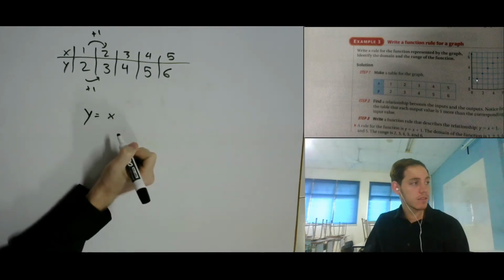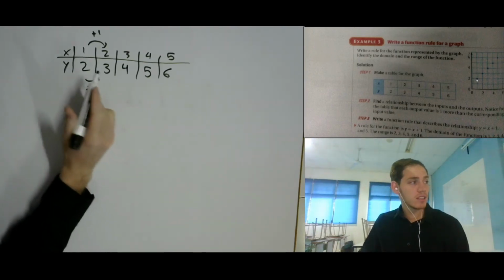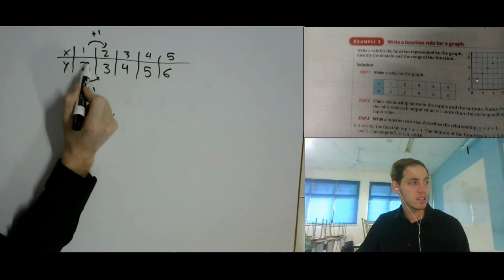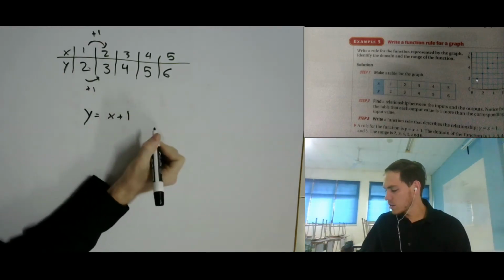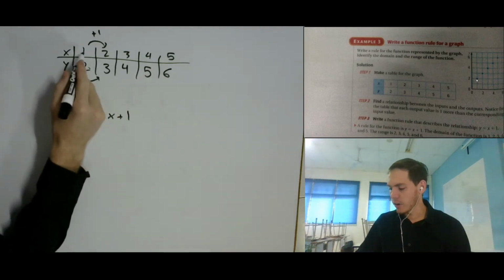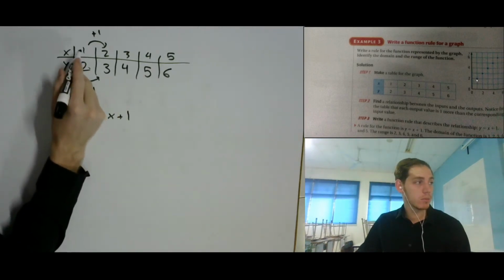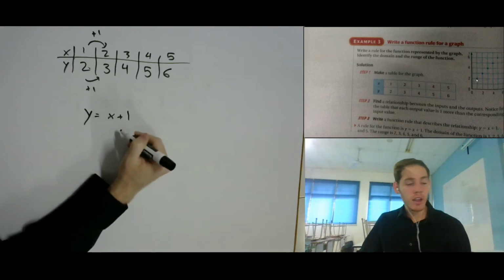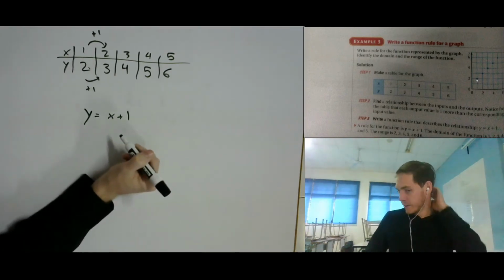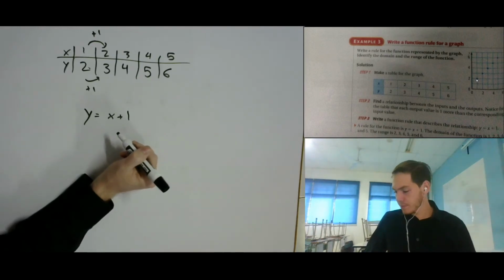Okay? There you go. But there's a difference between these two. What's the difference? Well, the difference is 1. Okay? Do you see how we just subtract 1 and we can get this? 2 minus 1. Okay? Right there. Does this work? Check.